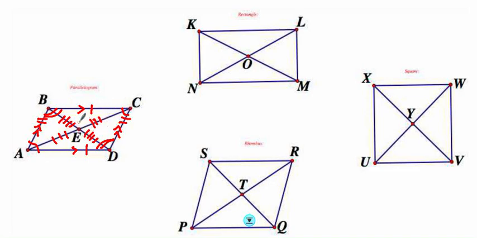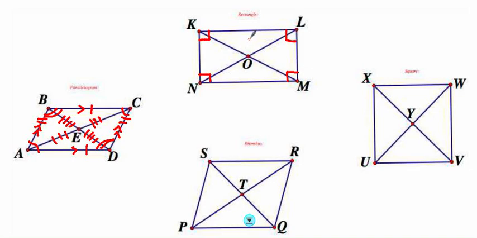Okay, and so what we're going to do now is use the characteristics of a parallelogram, or rather the markings of a parallelogram, and we're going to mark our rectangle diagram. And so by definition, a rectangle is a quadrilateral with four congruent angles, or four 90-degree angles. And so this means that a rectangle is a parallelogram because both pairs of opposite angles in a rectangle are congruent.